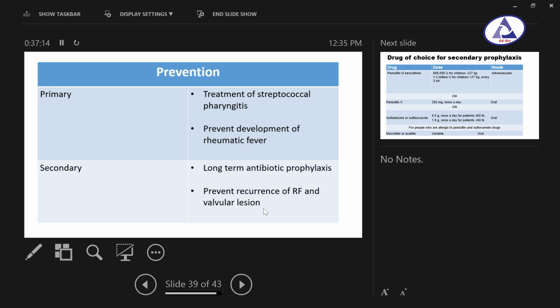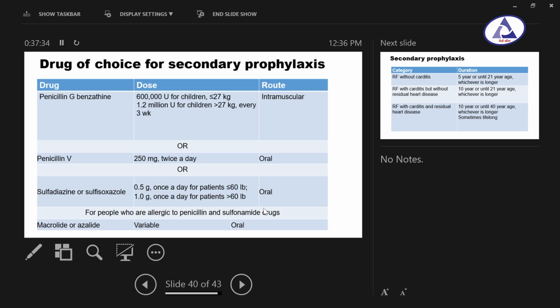Secondary prevention means long-term antibiotic prophylaxis. This is called secondary prophylaxis or secondary prevention, and it prevents the recurrence of rheumatic fever and valvular lesions. What is the drug of choice for secondary prophylaxis?